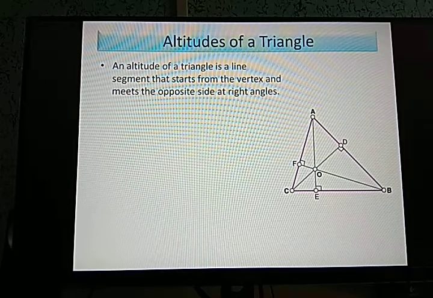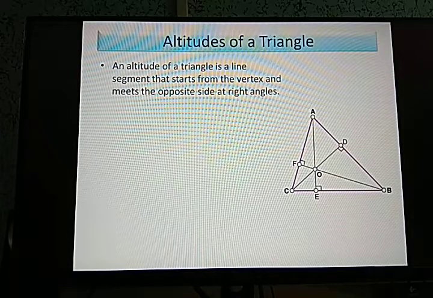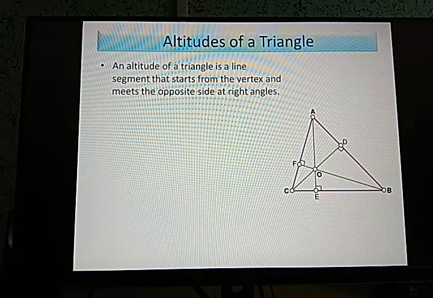So the only difference is that unlike a median, here it is not joining the vertex with the midpoint of the opposite side. E is not the midpoint, but it is forming a right angle. That means the altitude is always perpendicular to the opposite side.